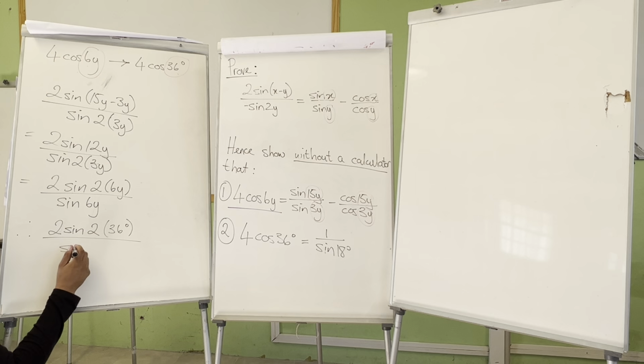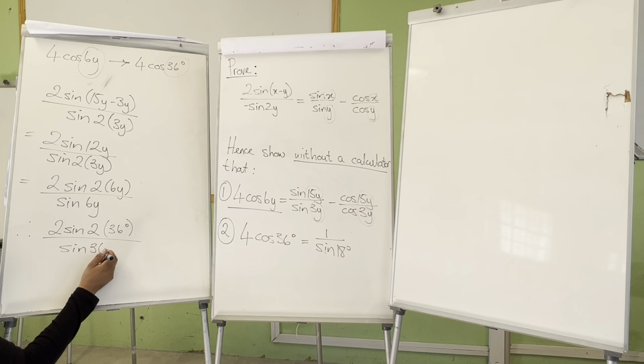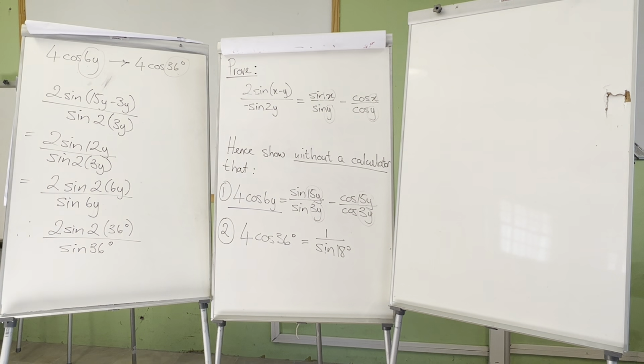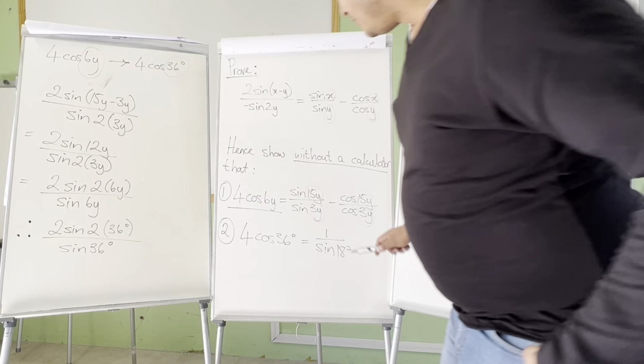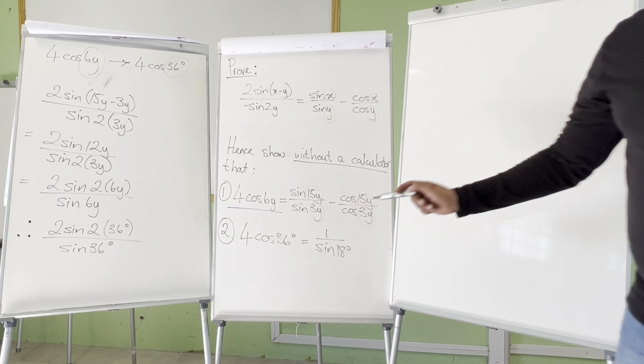Over sine of 36 degrees. This is the point that I wanted to make and where I wanted to be earlier this morning. From here, you can simplify, and it should allow you to end up here.